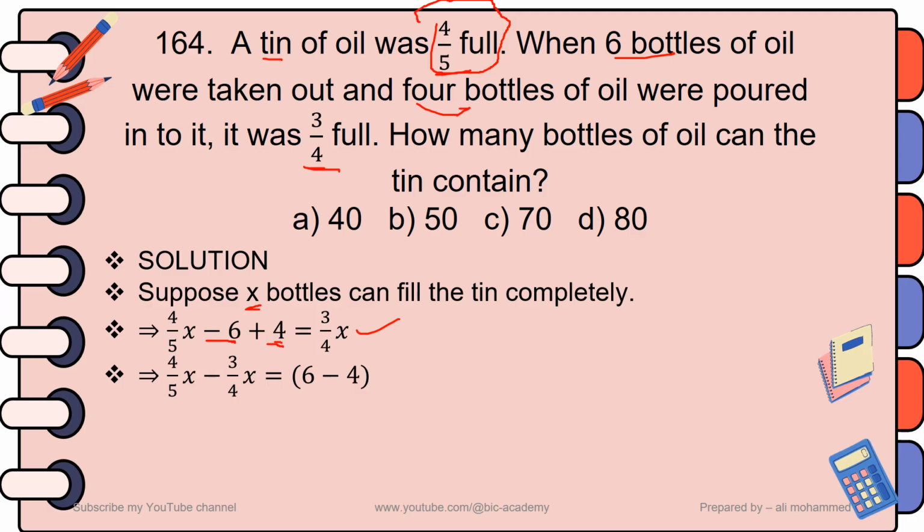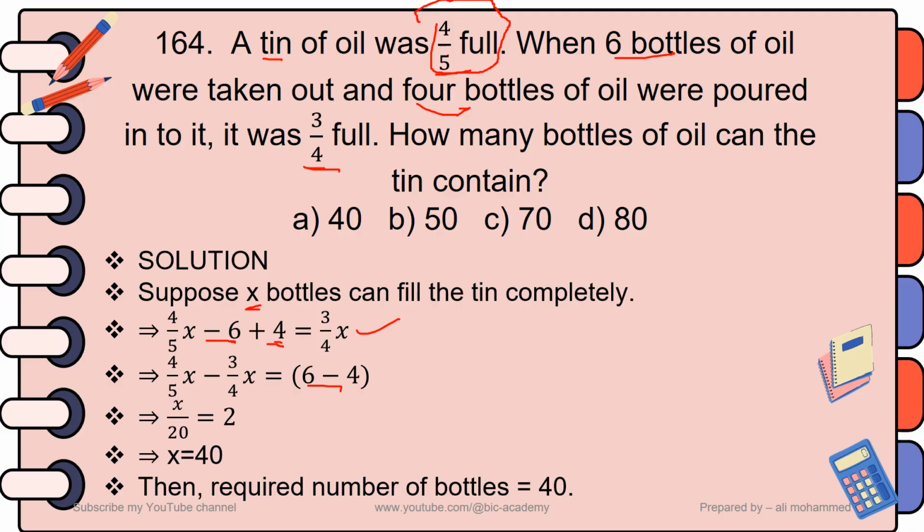Then 16 minus 15 over 20x, which is equal to x over 20. The right side, 6 minus 4, is 2. So x over 20 is equal to 2. Crisscrossing it, you get x equal to 40. Therefore, the number of bottles of oil is 40. So your answer for this question is choice A.